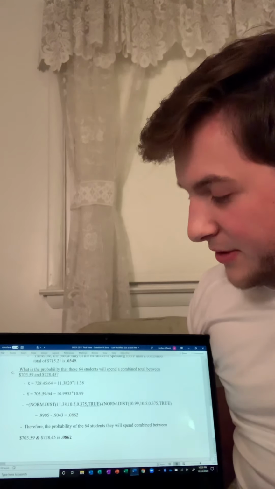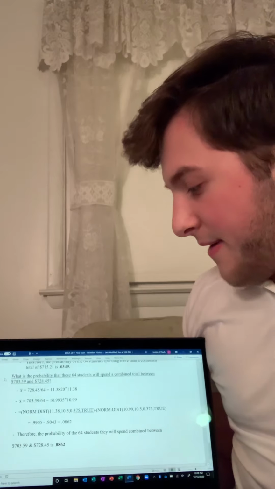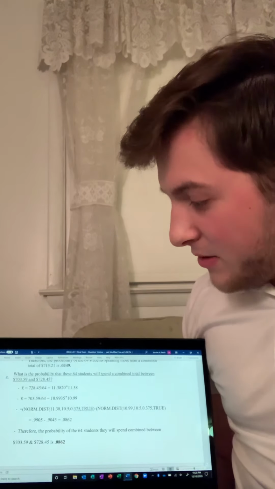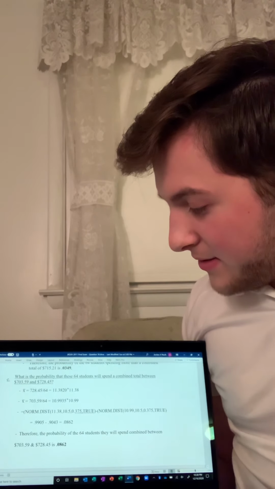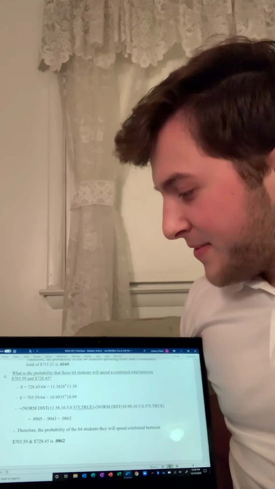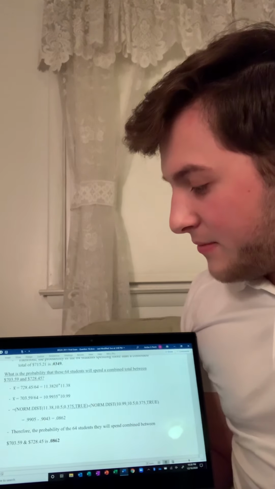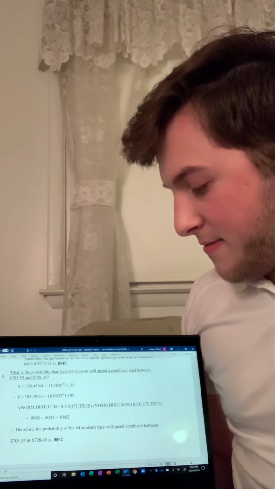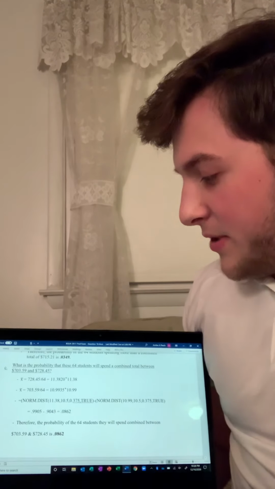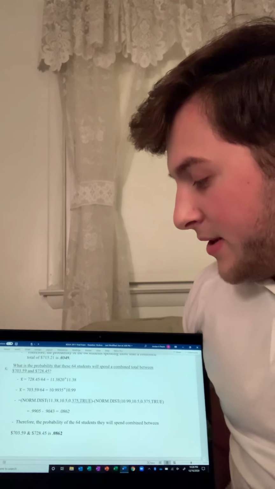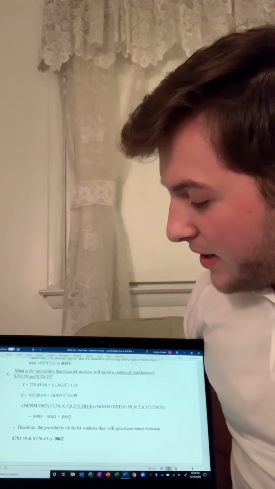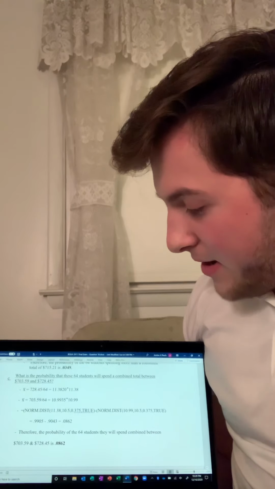And lastly, it's very similar to the question above. We have what is the probability that these 64 students will spend a combined total between $703.59 and $728.45. So first, since I have to subtract both probabilities from each other, I started with the $728.45 divided by 64 students, the sample size, and then I got 11.3820, which is approximately 11.38.